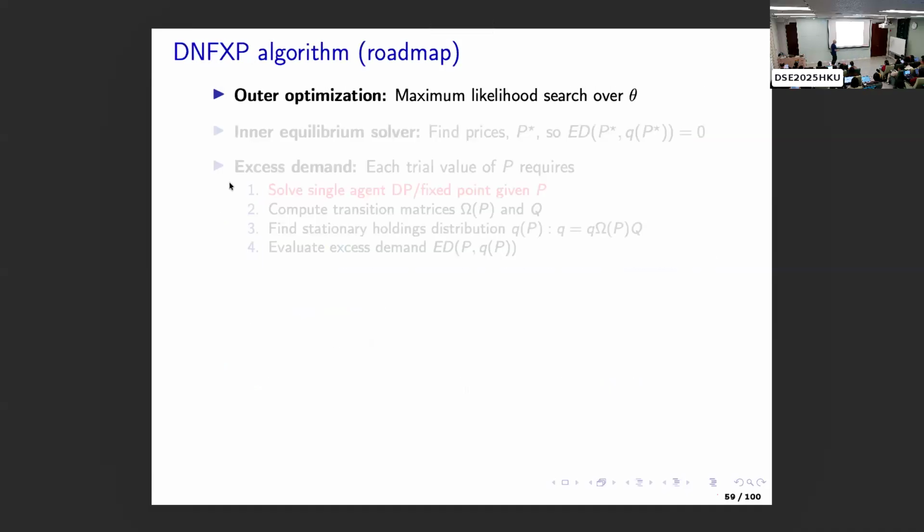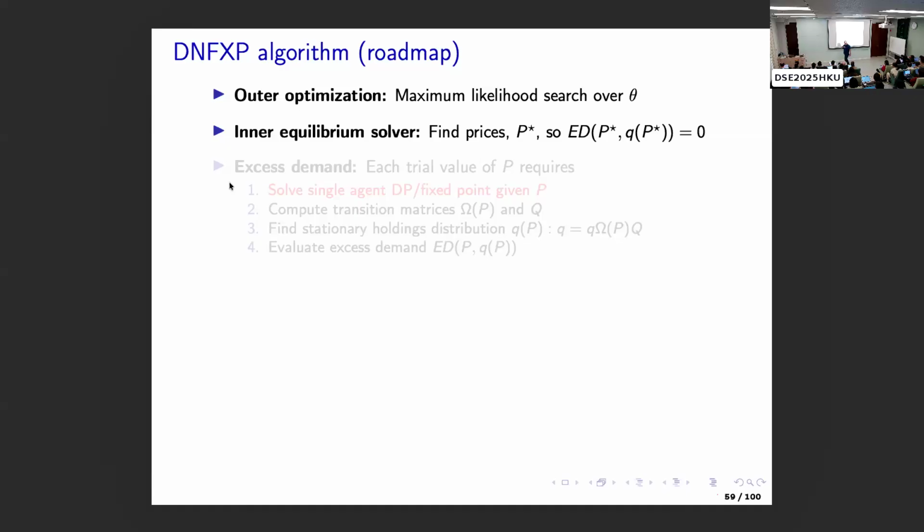Okay, so here's what we call the doubly nested fixed point algorithm. The outer algorithm is the same. We maximize the likelihood function using BHHH, searching over the parameter space. But every time we do that, we need to solve for the prices that clear the secondary market. Those constraints are supply equal to demand for all the used cars of different types and ages.